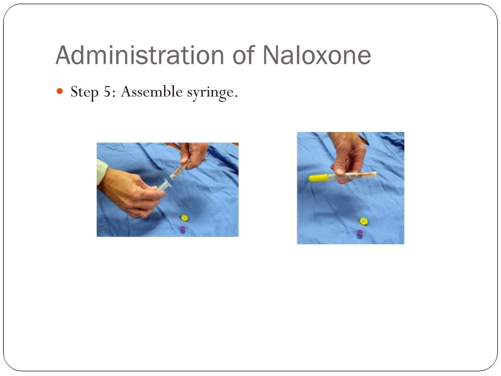The next step is to assemble the syringe. On the ends where you have taken the caps off, the ampule screws into the syringe, and you will see that being done on the left side there. On the right side you see the assembled syringe, and it still has the yellow cap on the end where the nasal atomizer will be applied next.